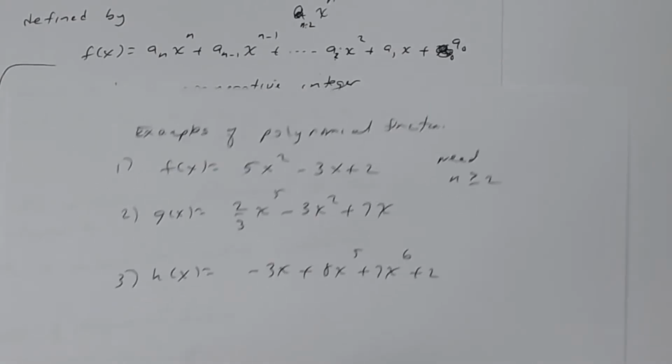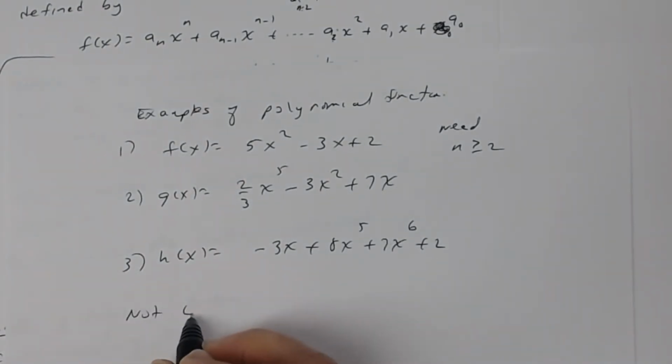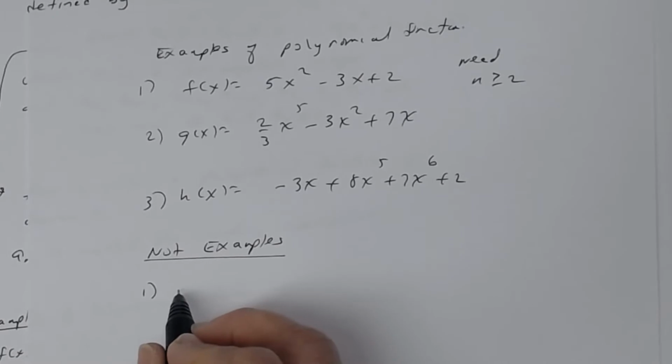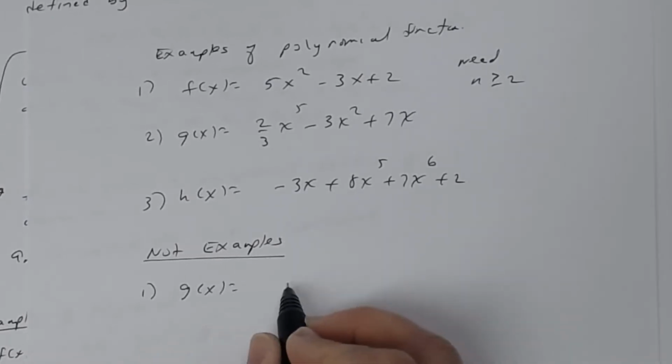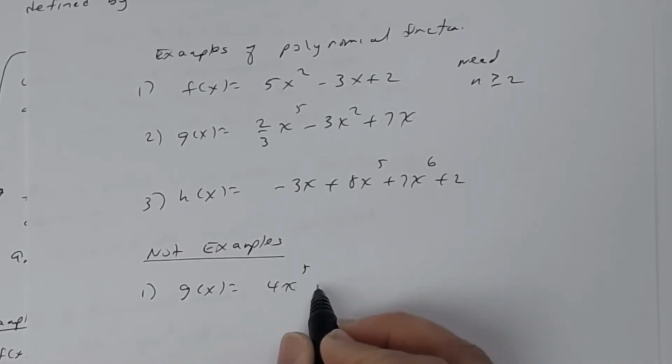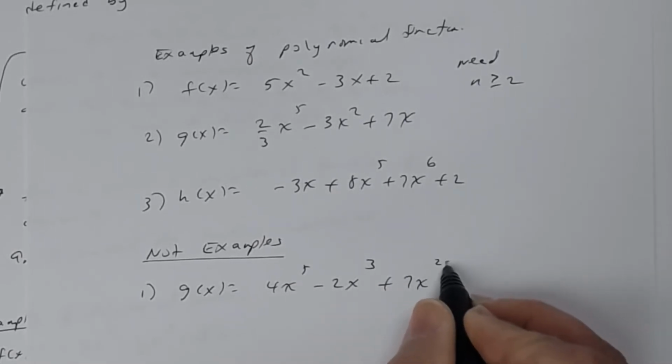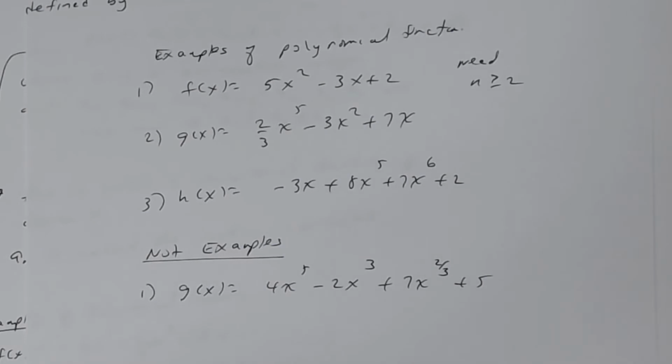All right, now these are not examples. Not examples. Okay, for example number 1, g of x equal 4x to the 5th power minus 2x cubed plus 7x to the 2/3 plus 5. So that's not an example of a polynomial function.